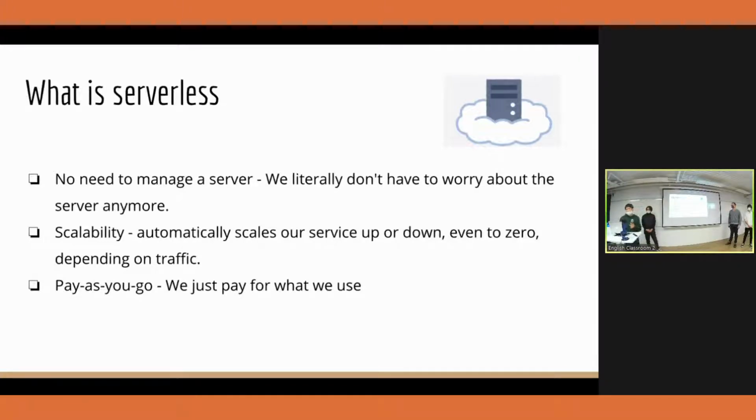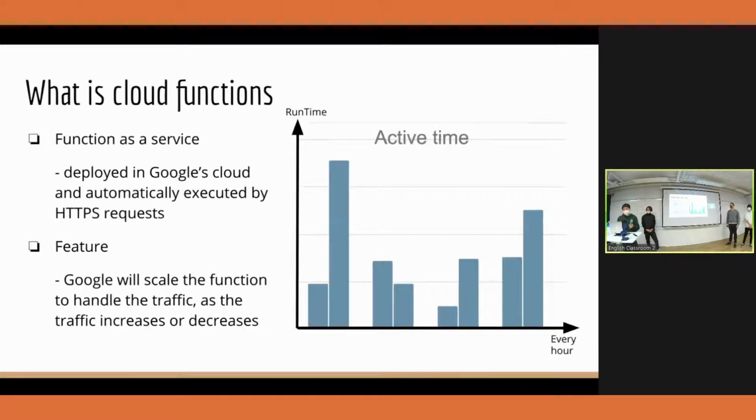So I want to explain why we need to pay for what we use. To achieve the serverless architecture, we use cloud functions, which are called function as a service. It deploys our JS code in Google Cloud, and then it's automatically called by HTTP request as if we are calling an API.